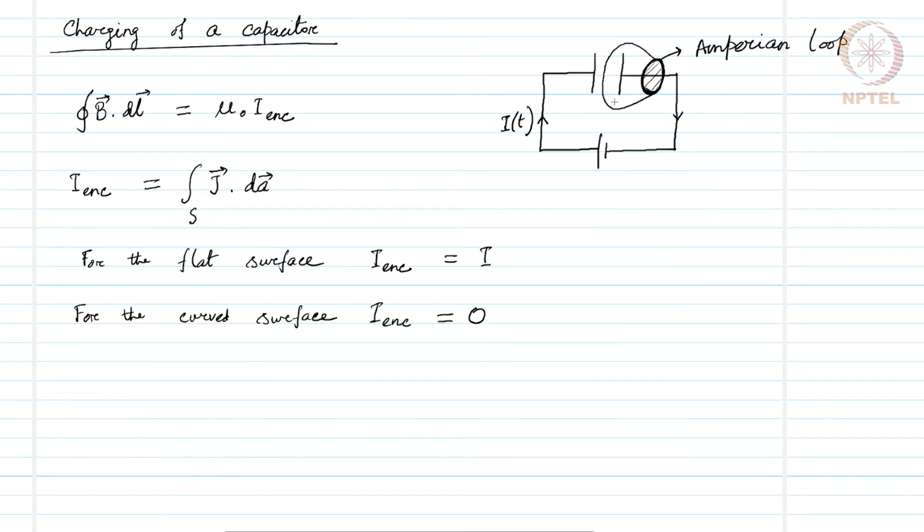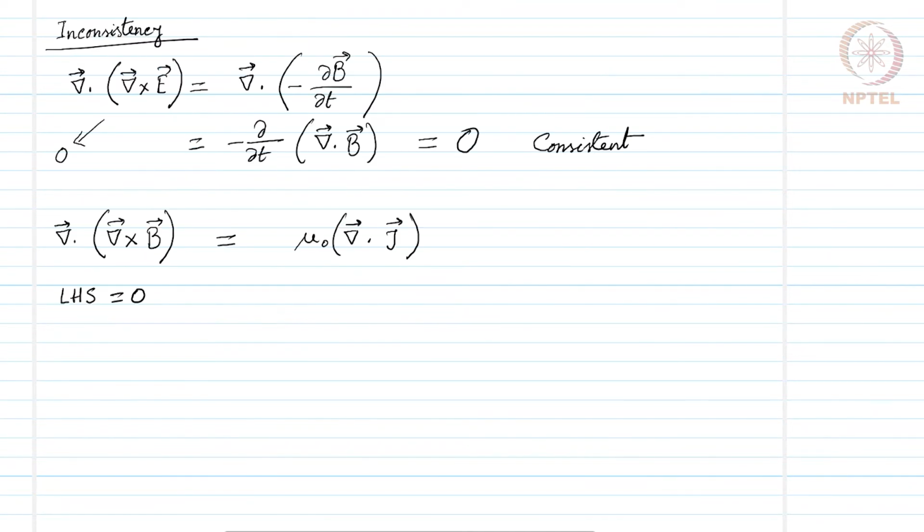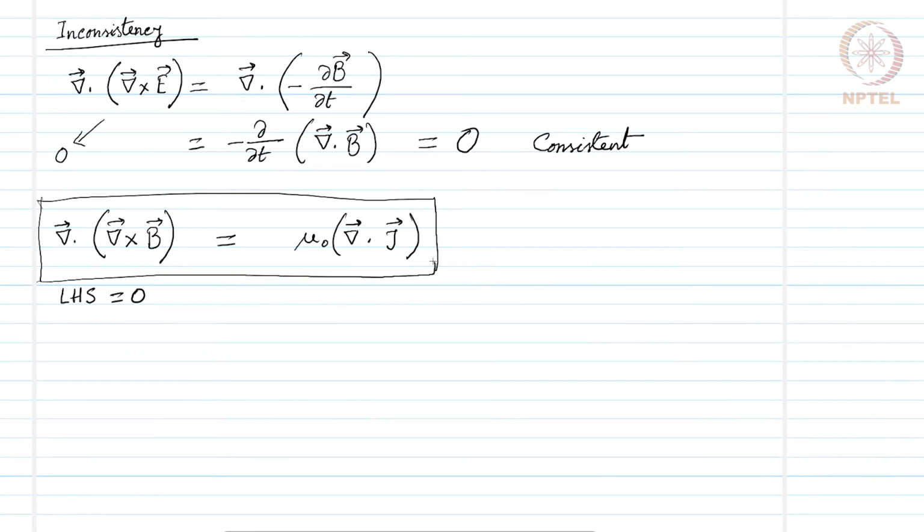Now, Maxwell fixed this inconsistency. How did he fix this? The problem is that if we consider this equation here, this one, the divergence of a curl is always 0.